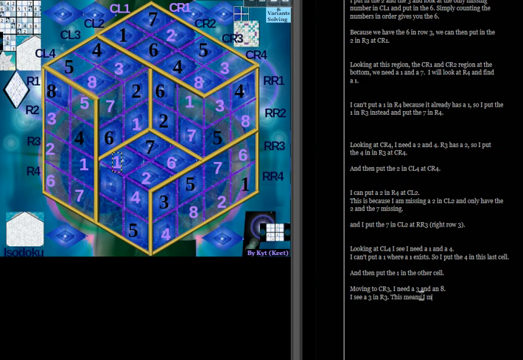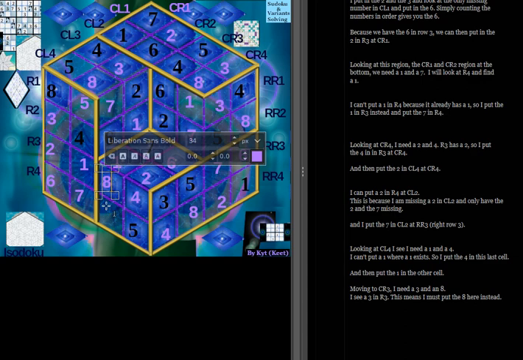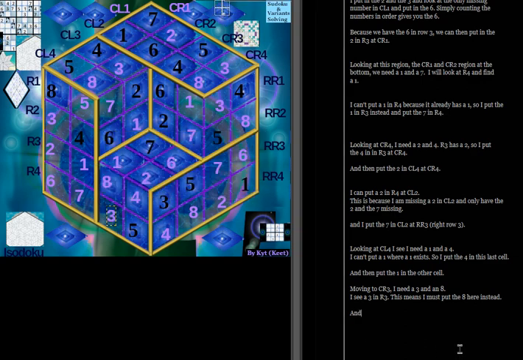This means I must put the 8 here instead. And the 3 goes below.